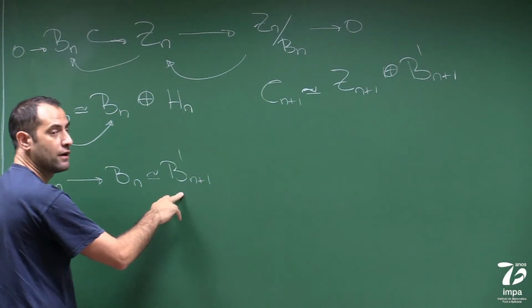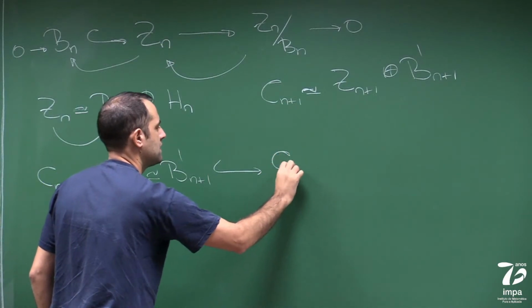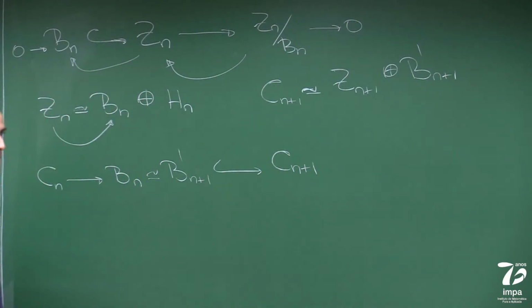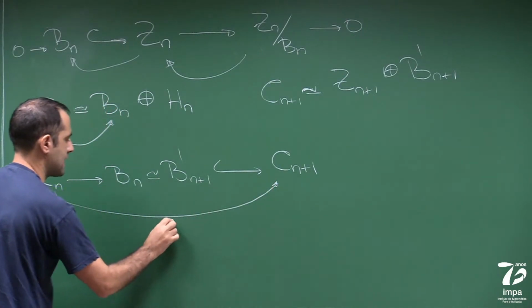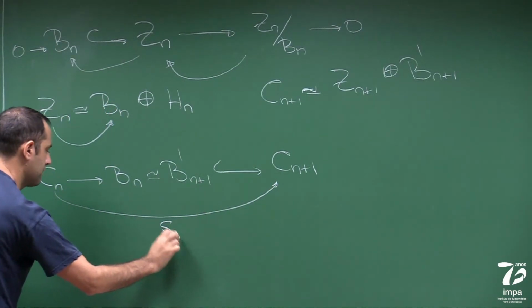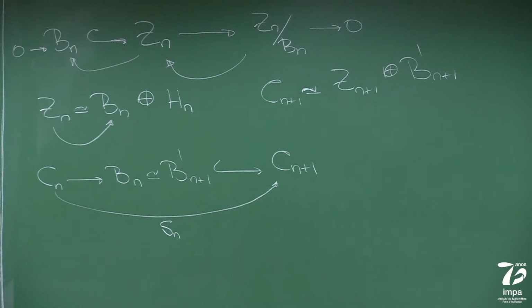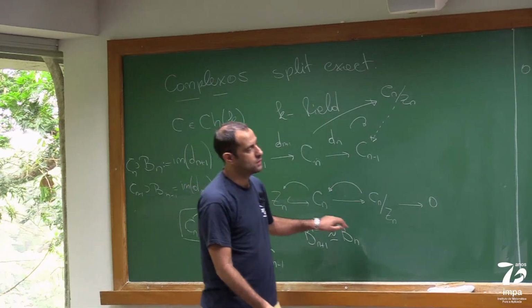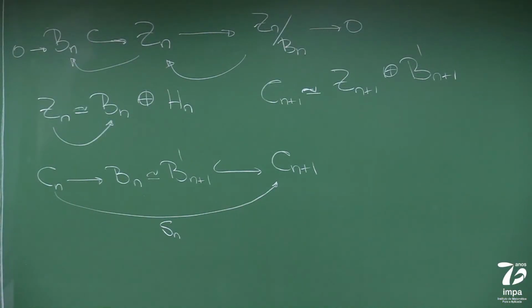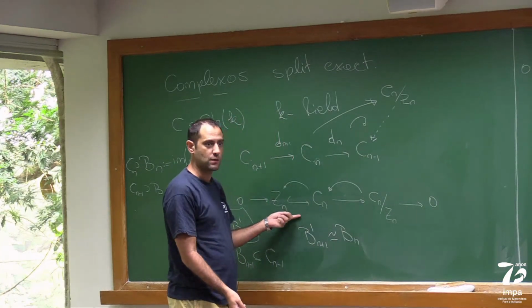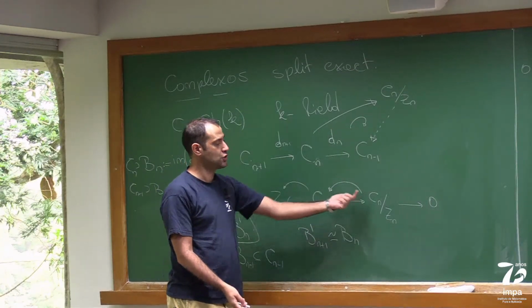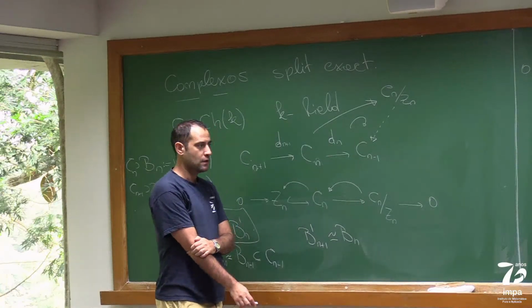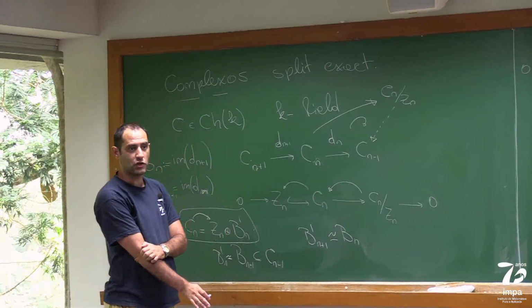So this guy here is inside Cn plus 1. And this composition here, I'm going to call this guy S or Sn, it doesn't matter. By choosing these splittings, we've gained those guys. And these splittings exist only because I have short exact sequences of vector spaces. So for any subvector space of a vector space, I can choose a complementary subspace. At no point have I used finite dimensionality there.